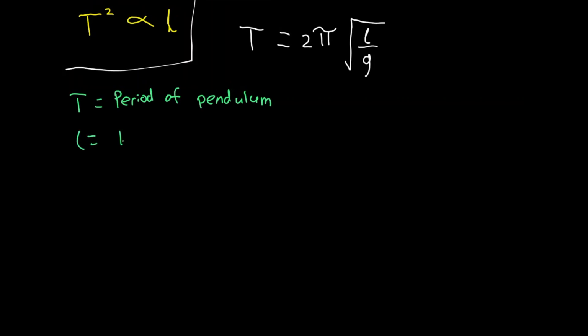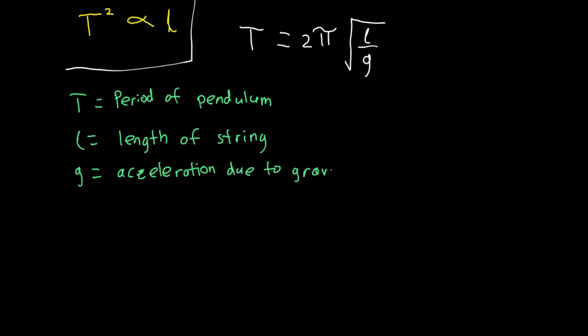L is the length of the string which is attached to the pendulum, and g is acceleration due to gravity, and this is equal to 9.81 meters per second squared, and remember that this acts downwards.